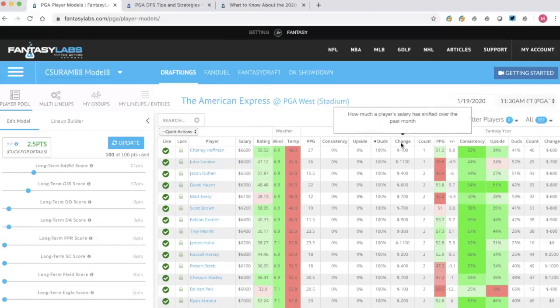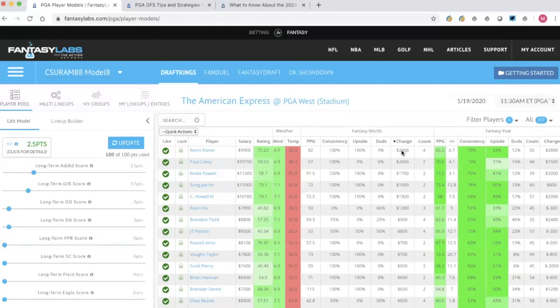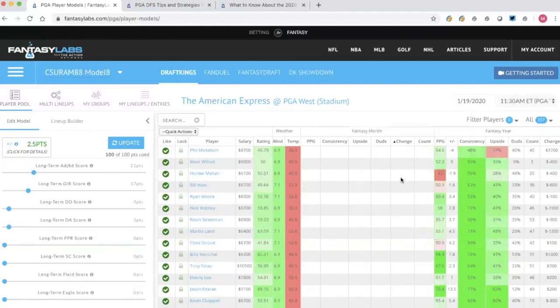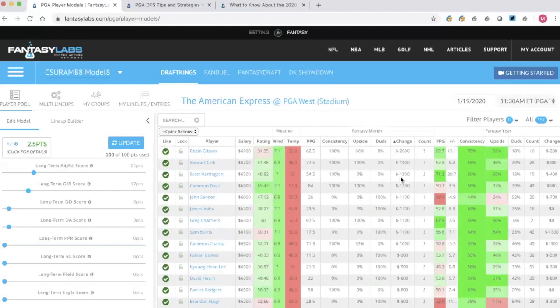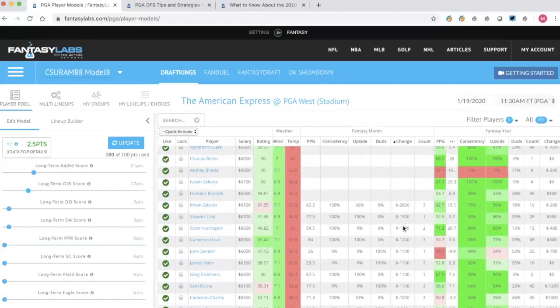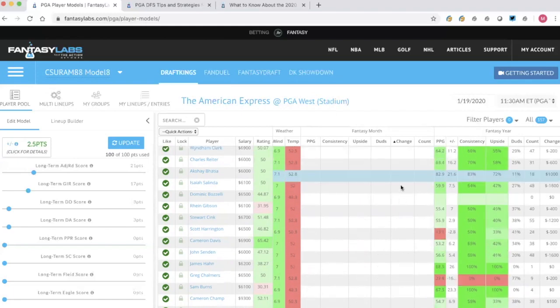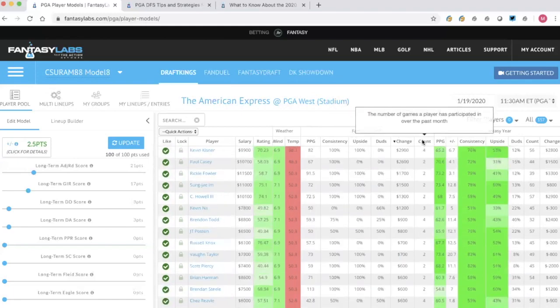We also have the monthly salary change filter. So if you want to see, Kevin Kisner is a guy who's been priced up quite a bit for this week, while we can go with somebody like Stuart Sink, for example, who has been priced down a bit over the past month. And then again, count is just the number of events they've played over the past month.